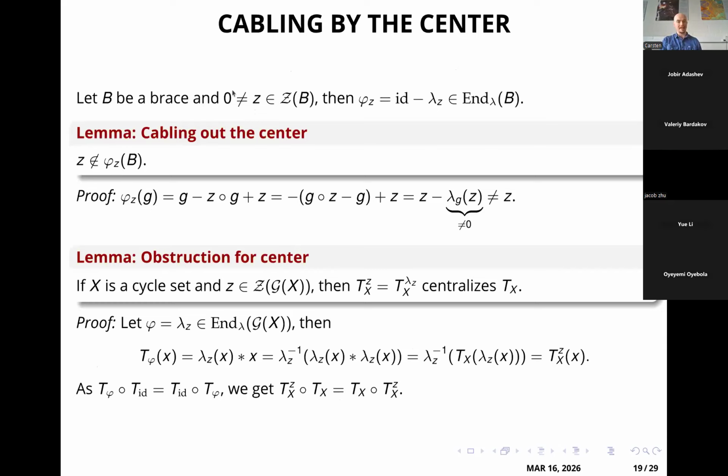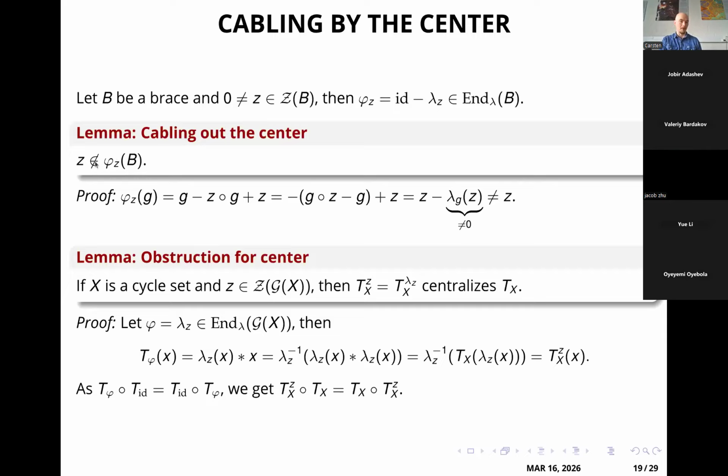Namely, if we take a central element z that is non-trivial, we can take the lambda endomorphism that is given by the identity minus lambda z. And this is kind of what you also know, up to some sign changes, as the star operation by z. And one can show that the image of phi z never contains z.